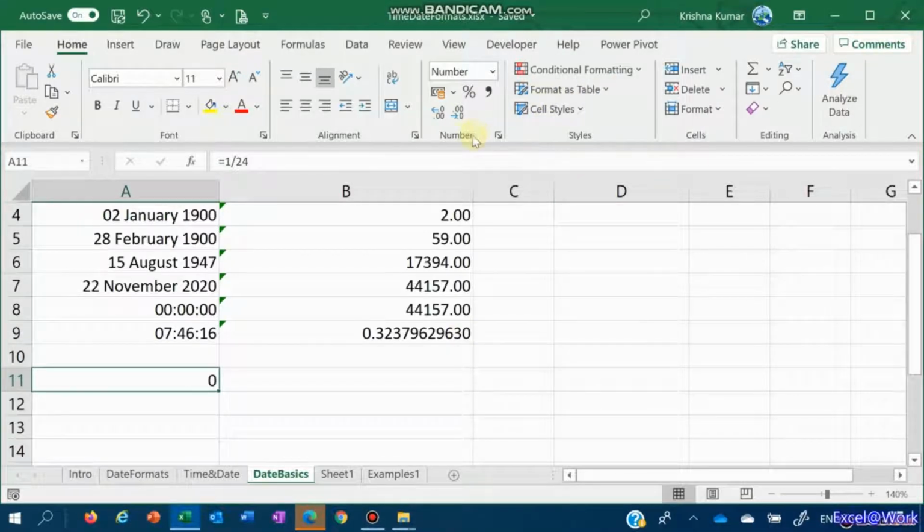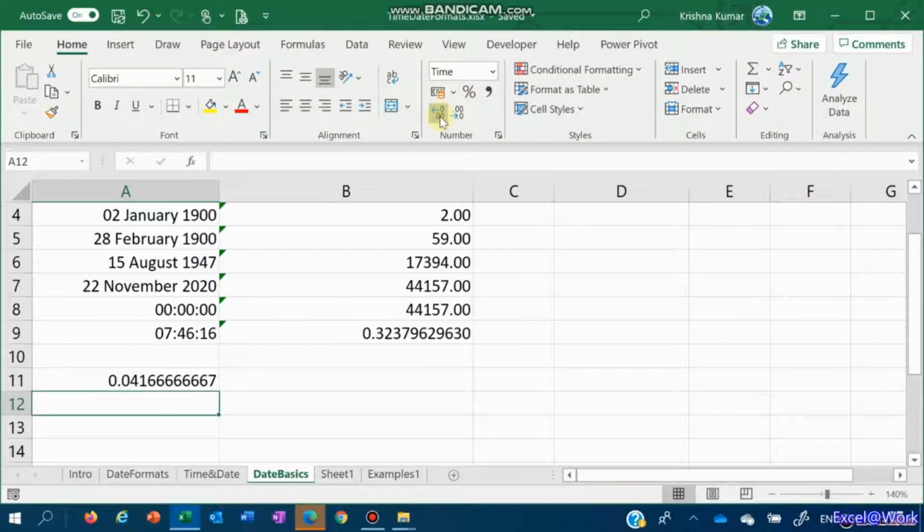I'll just have to increase the number of digits here. So this is 1 hour in terms of days, that is 0.041667, equals 1 hour a day.